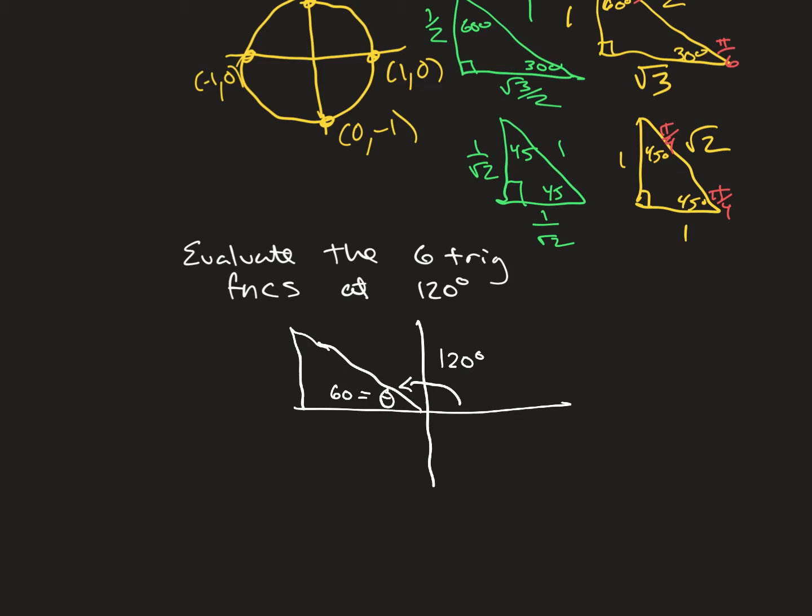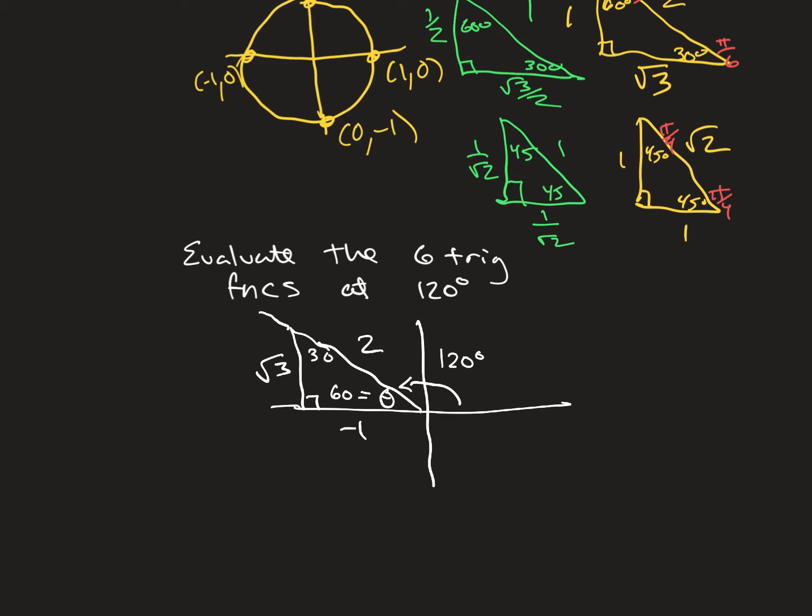And when I form my triangle, it's going to be from that terminal side to the closest x-axis. And so I've got my 30, 60, 90, and then I'm going to put my labeling, but you have to be cognizant of the fact that I'm in the second quadrant where x is negative. So instead of just doing 1, 2, root 3, I'm going to do -1 for x, y is positive, and r is always positive.